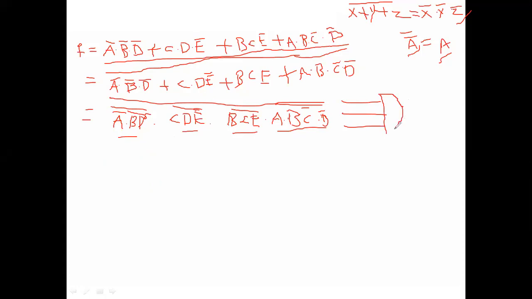One NAND gate. So what are the inputs here? A bar, B bar, D bar. So what is the output here we are getting?